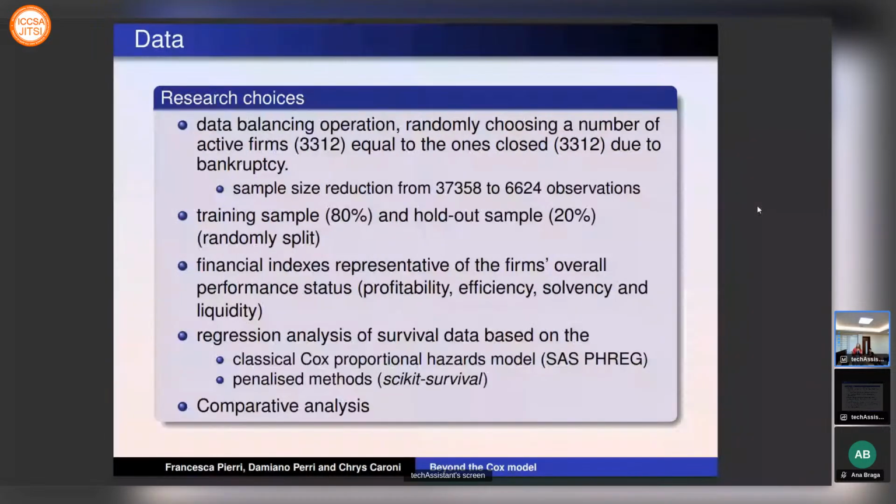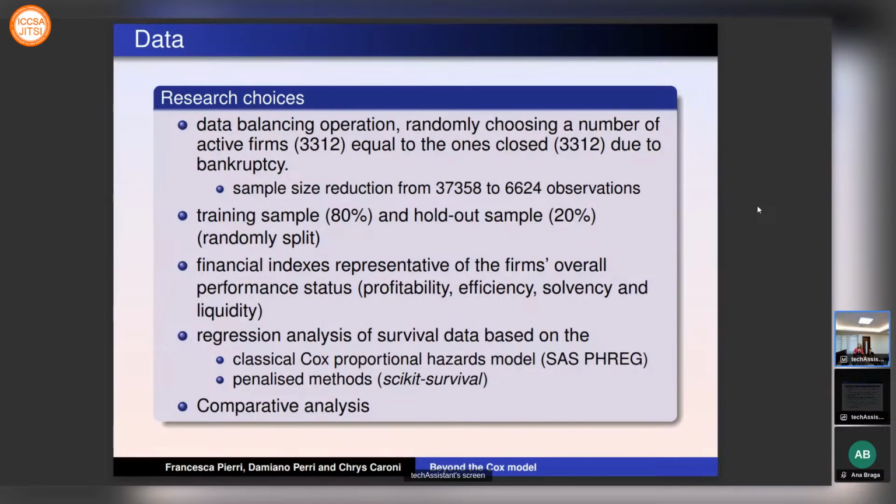unfortunately. So the research choices are the following. A data balancing operation, randomly choosing a number of active firms equal to the number closed due to bankruptcy. And so we had some reduction of the sample size. Then we split the data into a training sample and a test sample.